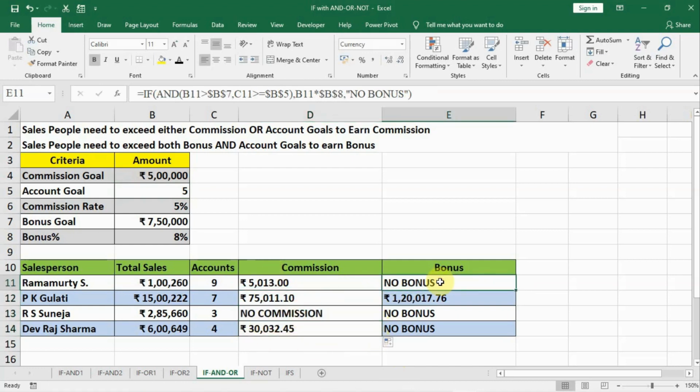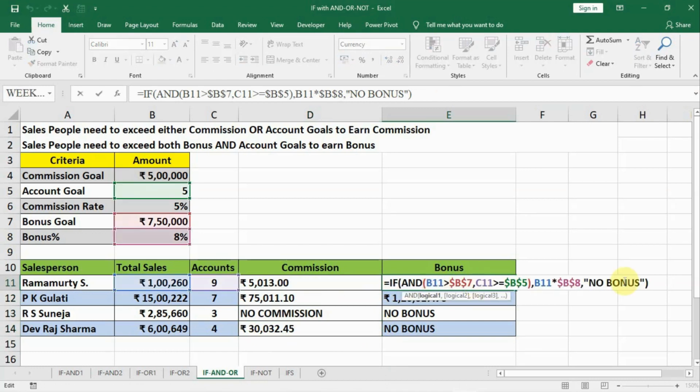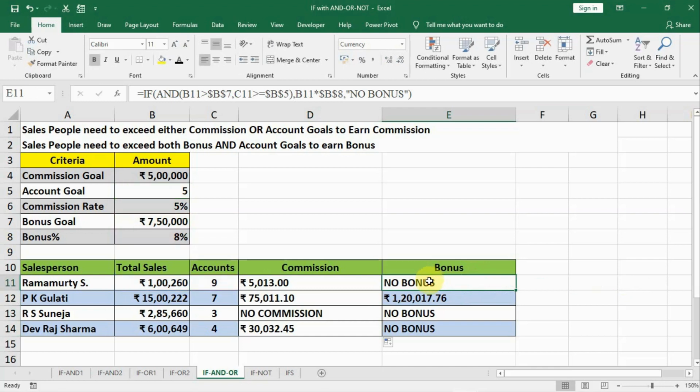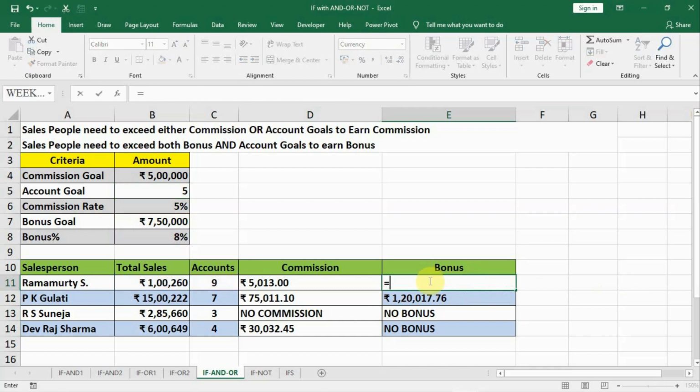Now for the bonus part, what we have to do is we have to check both the bonus goal and the account. It has to exceed both. Now when both need to be true, we have to use an AND statement. Let us delete it and try it out. We have to have equal to, and then after that we write down if, bracket open.